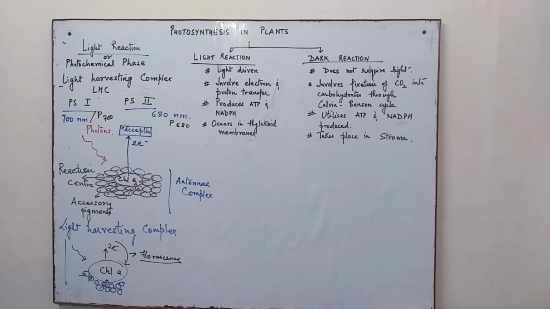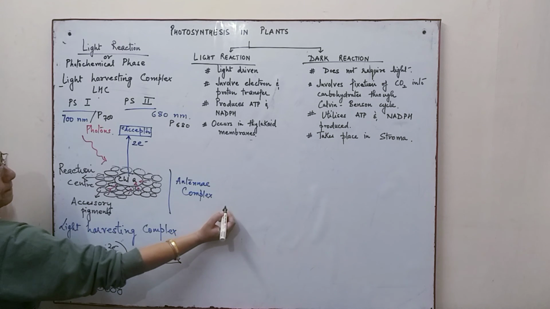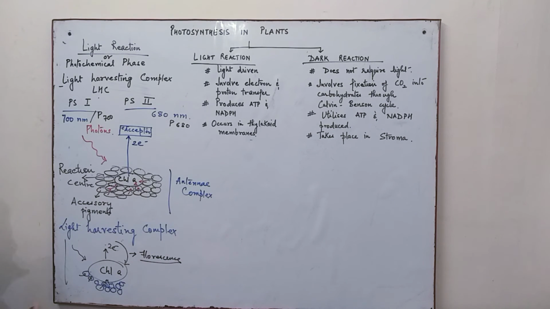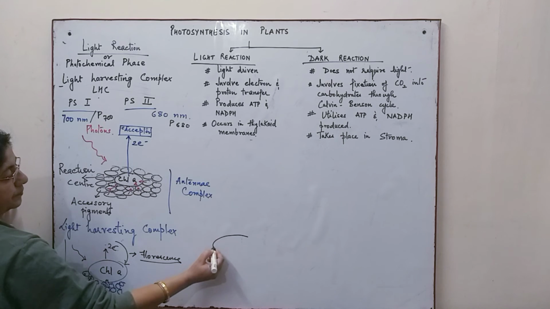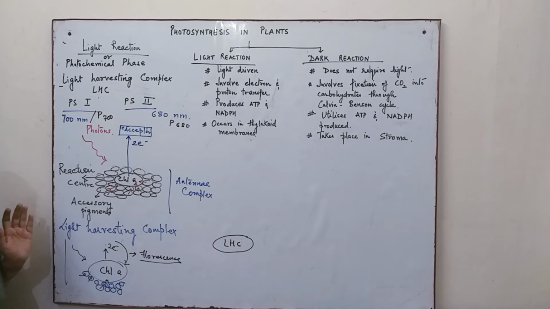So the cytochromes will function as electron acceptors, and the movement of electrons takes place. Over here, if we see PS1, after the light has been absorbed, this is the light harvesting complex.